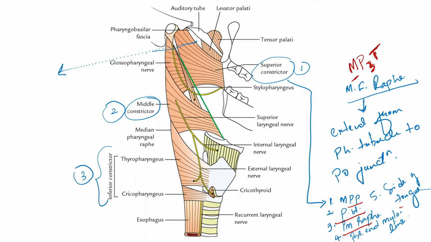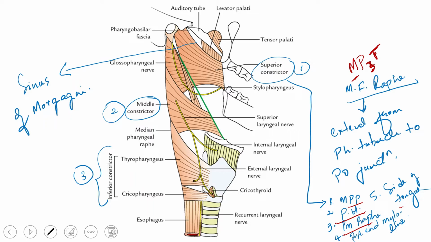This space is called the sinus of Morgagni, which is the space present between the base of the skull here and the upper border of the superior constrictor muscle. So this is called the sinus of Morgagni.